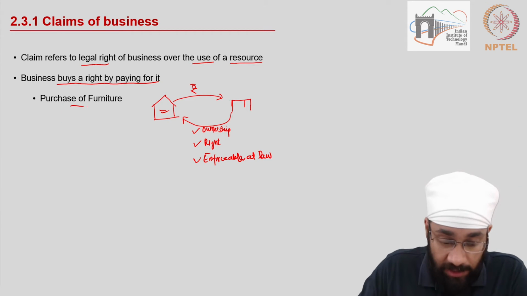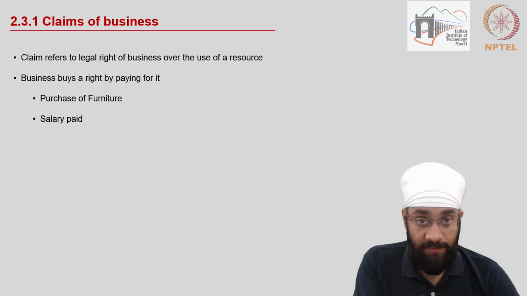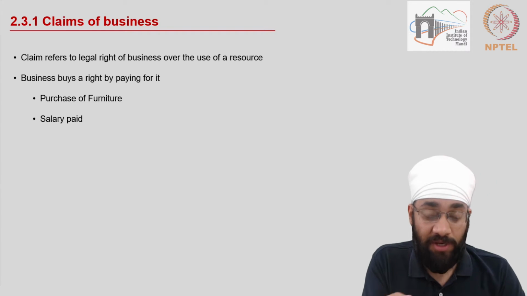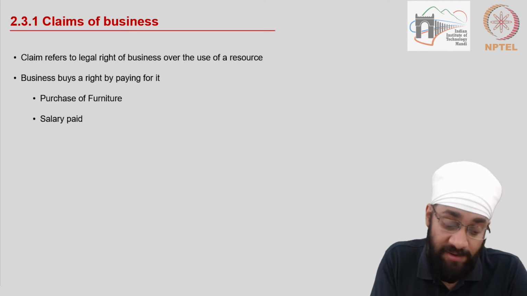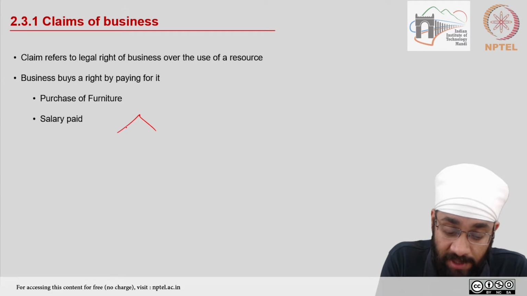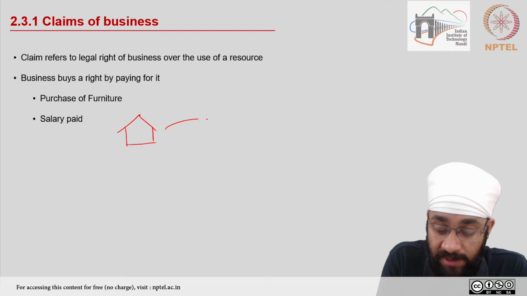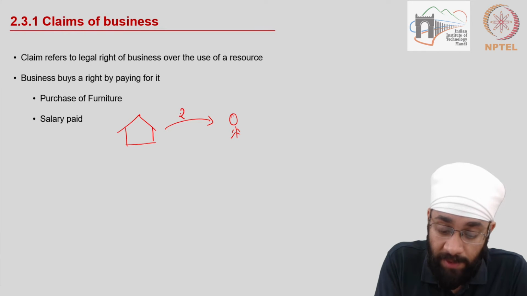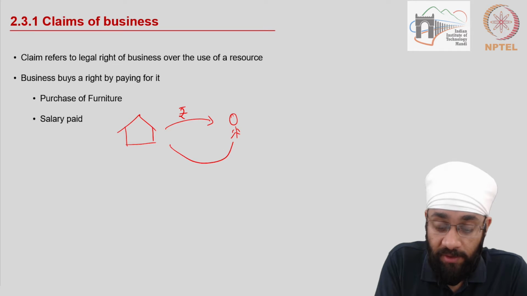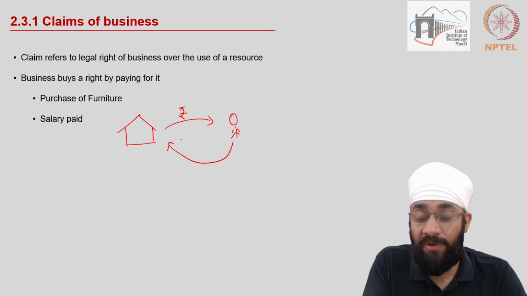All right, let me take another example, salary paid. When you pay salary, what is the claim that business has acquired? So again, a business pays salary to its employees. In return, what do you get?